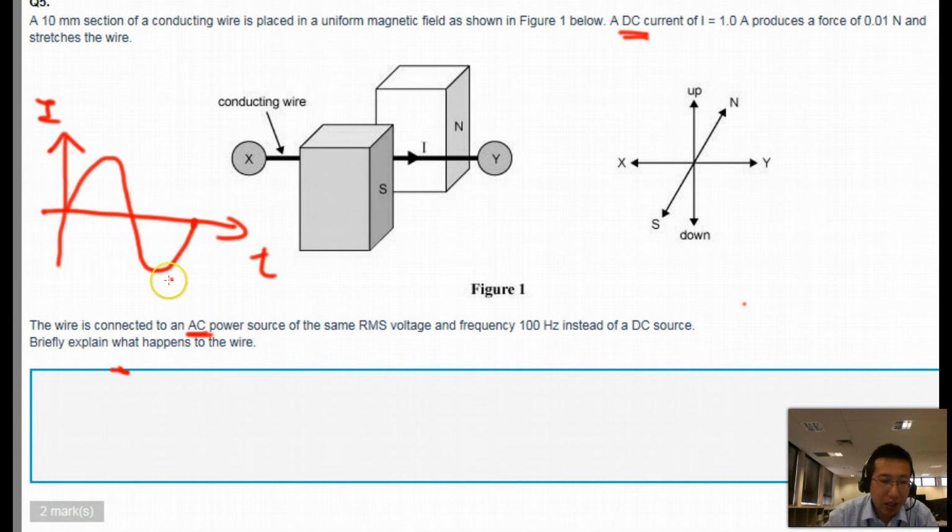So in this case, the direction of the current actually changes. It changes at a frequency of 100 Hz. That means 100 times per second, 100 periods per second.